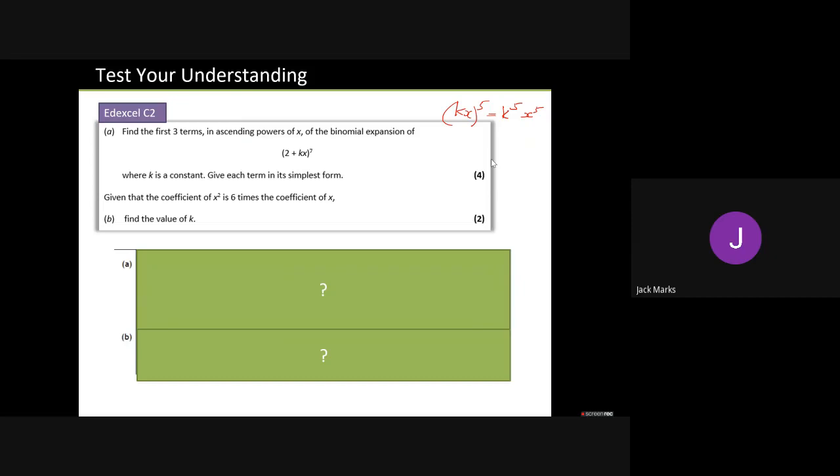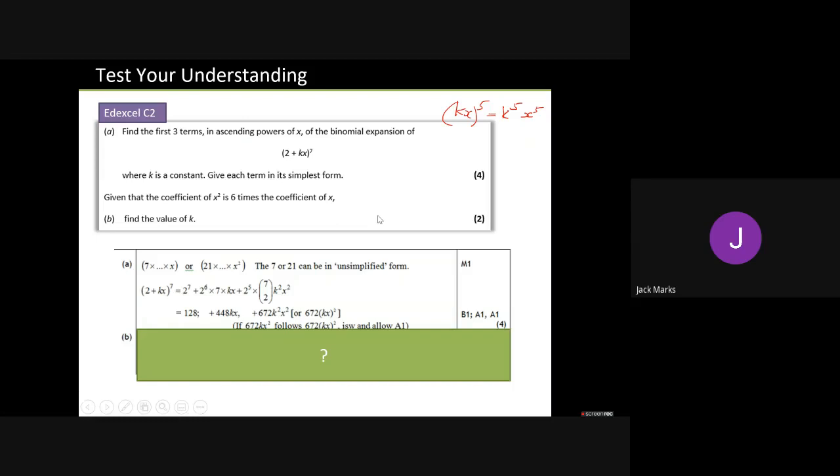Okay, so part A should have been mostly okay. You expanded out and you simplified and you would have got some large numbers. Part B, a little bit more complicated. So let's just talk you through part B. It says, given that the coefficient of x squared, in other words, this part here, 672k squared is the coefficient of x squared.